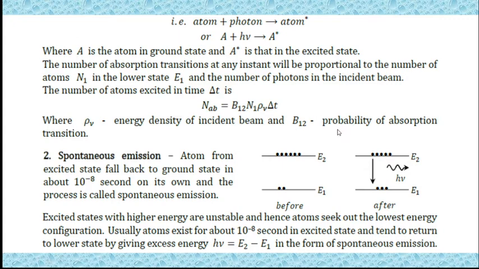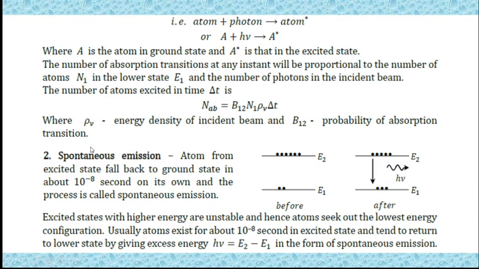Therefore, B12 represents the probability of stimulated absorption, or the probability of upward transition. Rho represents the energy density of the incident beam per unit volume of incident radiation. N1 represents the number of atoms in the lower energy level E1. Delta T represents the time during which these upward transitions take place.